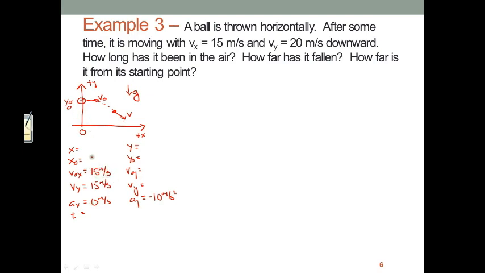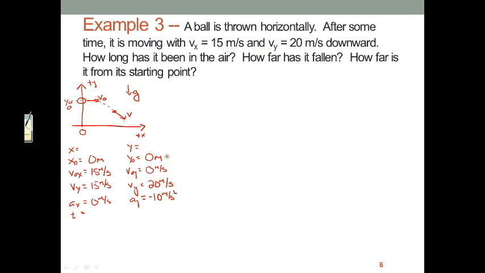I chose to let x naught be 0, so I'm going to leave that there. I don't know x. I also don't know y. However, I chose to let y naught equal 0, so there it is. V naught y is 0 because I'm fired horizontally. And Vy I'm given at 20 meters per second.